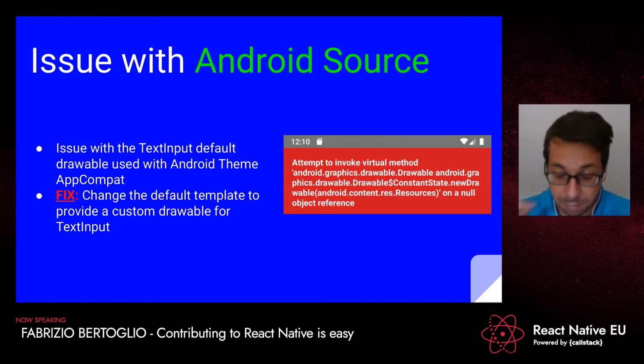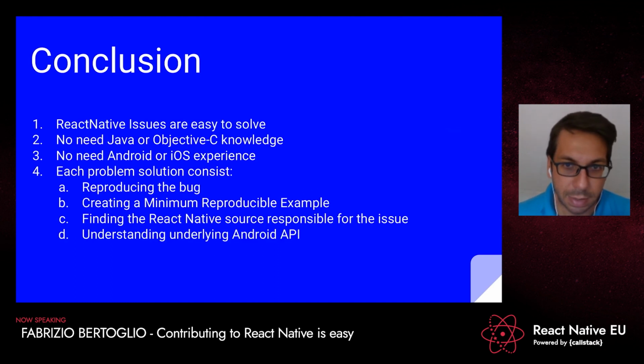Android theme AppCompat provides a default drawable, so the drawable is like an image for the background of the text input, and this text input drawable causes this issue. So the simple solution is just to change the template, so that the template uses a custom drawable instead of the default drawable, and this drawable is exactly the same as the previous drawable, but does not include those elements that trigger the runtime error.